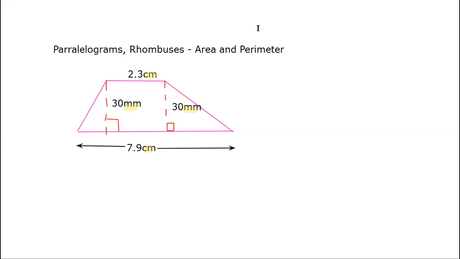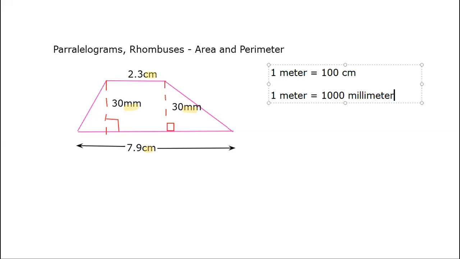Let's go one more time back to our unit conversion. So 1 meter equals 100 centimeters. I know that. And I know 1 meter equals 1,000 millimeters because that's what the prefixes centi and milli mean.